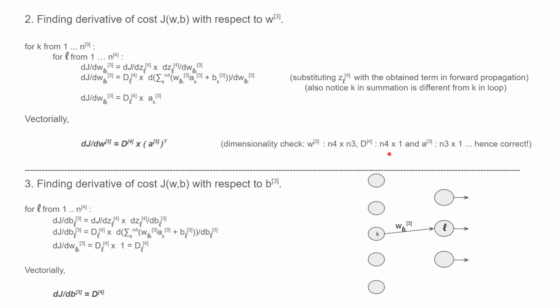Let's see. D4 is n4 cross 1, and A3 is n3 cross 1, and we have taken the transpose. Then this vector will become 1 cross n3, and we know that n4 cross 1 times 1 cross n3 will result in a matrix of size n4 cross n3, which is the same size as W3.